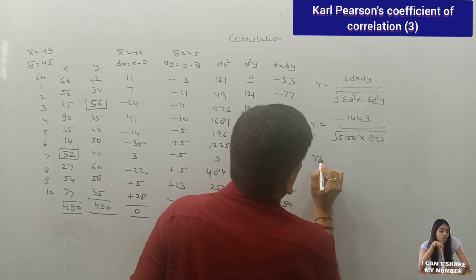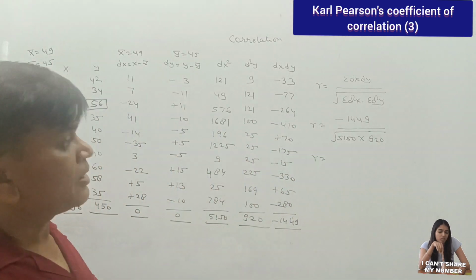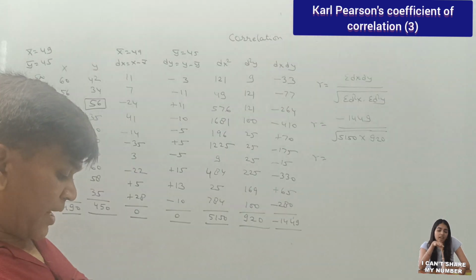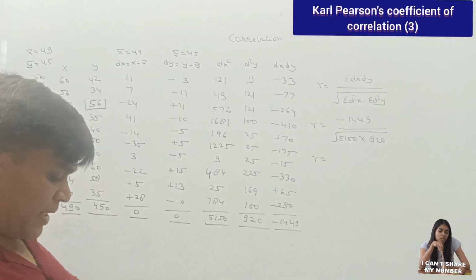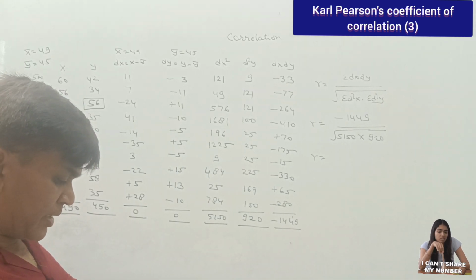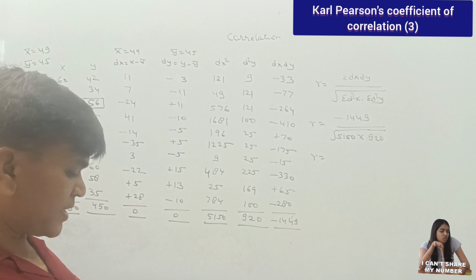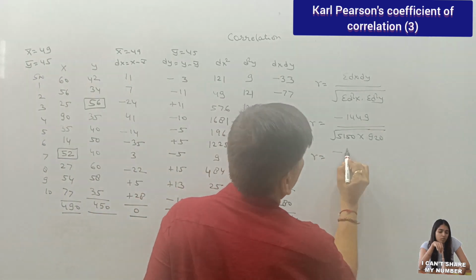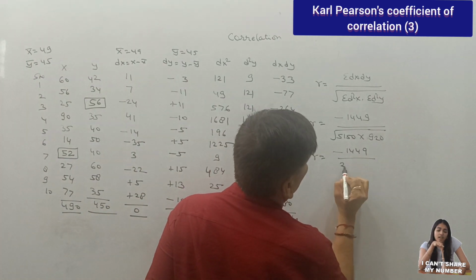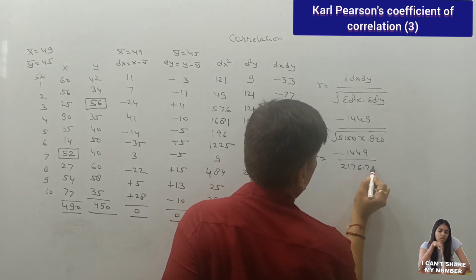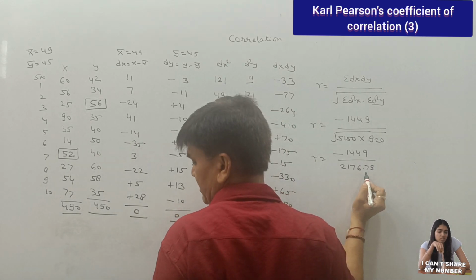So the value of r: 5150 multiply 920, equal to the square root of that, 2176.69. Minus 1449 upon 2176.69.